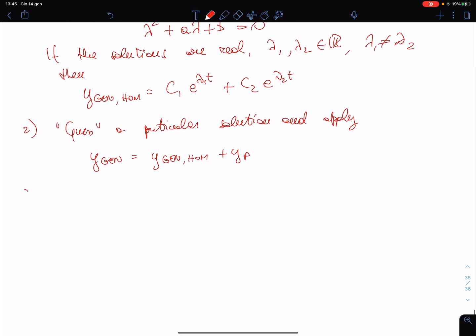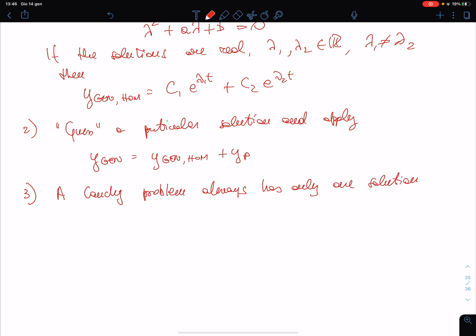Third, a Cauchy problem always has only one solution, because linear equations satisfy the hypothesis of the theorem of existence and uniqueness.